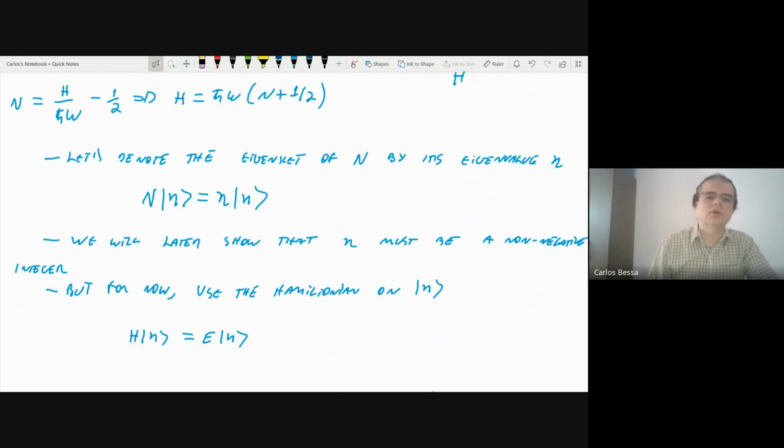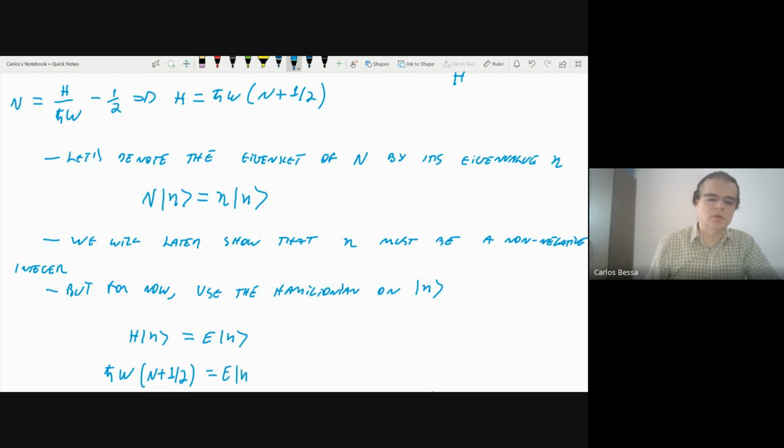But we saw here this expression, that H is related with N in this way. So H is h bar omega times N plus 1/2.